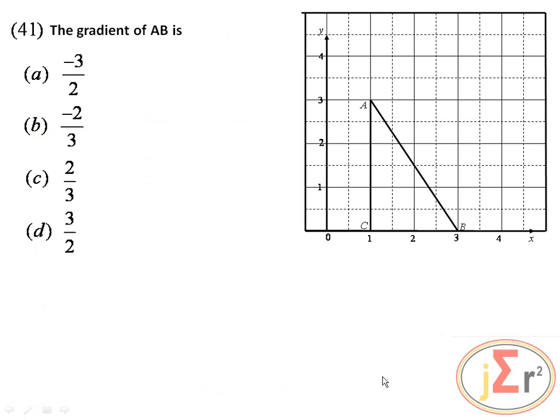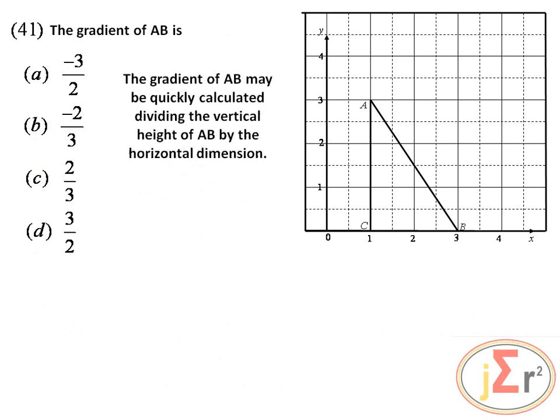The gradient of AB is, so we are determining the gradient of AB. The gradient of AB may be quickly calculated by dividing the vertical height of AB by the horizontal dimension. So we have our fraction bar, and we are going to put the y movement from A to B here and the x portion of the movement from A to B in the denominator.